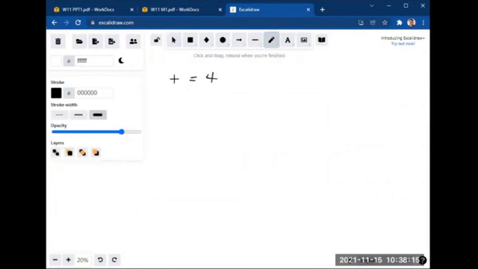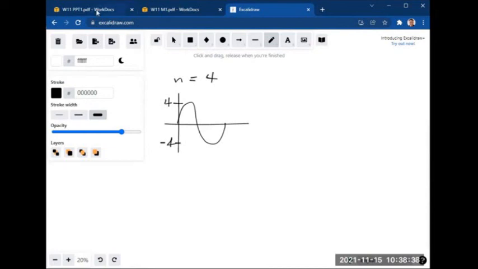Let's go with small letter. So 4 bits. Okay. For example, we have this signal. Let's say the maximum amplitude is 4. So 4 and -4.